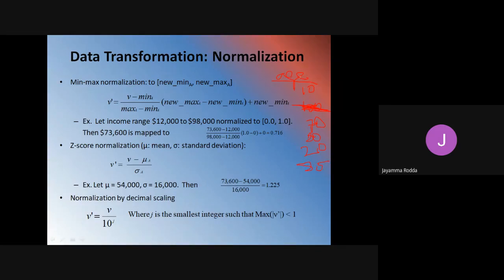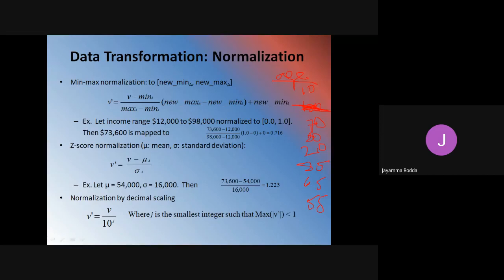If I say this is the list of ages of the people who are living in one particular place, 85, 65, or 55. Consider these are the number of values for this particular attribute. So in this, the minimum value is 10, whereas the maximum value is 85. So I will say this is min A, whereas this 85 I will call as max A.